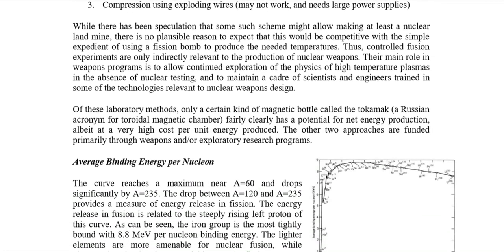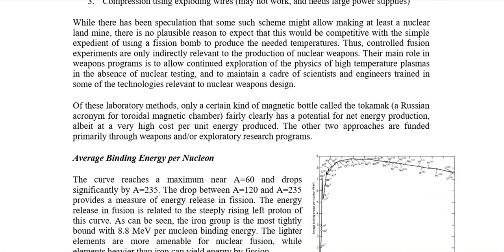Of the laboratory methods, a certain kind of magnetic bottle, mostly called a tokamak, is much more feasible and has much more potential towards nuclear energy. The other methods funded by the European Union or the United States are other programs as well, but primarily their research is moving around the tokamak technology.